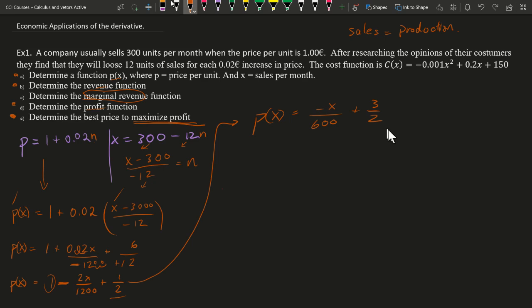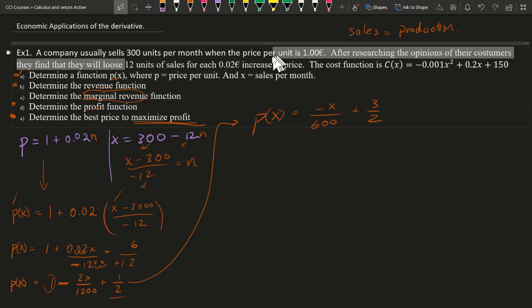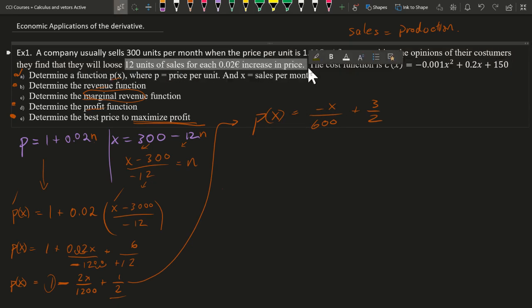All right, so check on part A. Now, what this does is it represents, as I change my price, this affects the number of sales that I have, keeping into consideration this whole idea where I lose 12 units for every time I change the price.